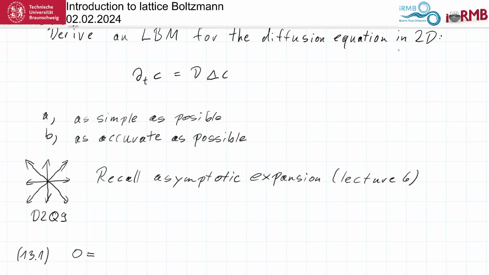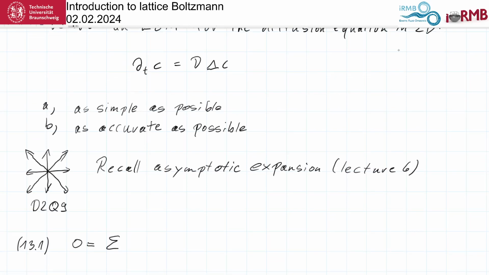The asymptotic expansion of this lattice Boltzmann model in 2 dimensions leads to the case that we have a sum over m, n, L, and q starting from 0, all of them going to infinity, over m factorial, n factorial, L factorial.